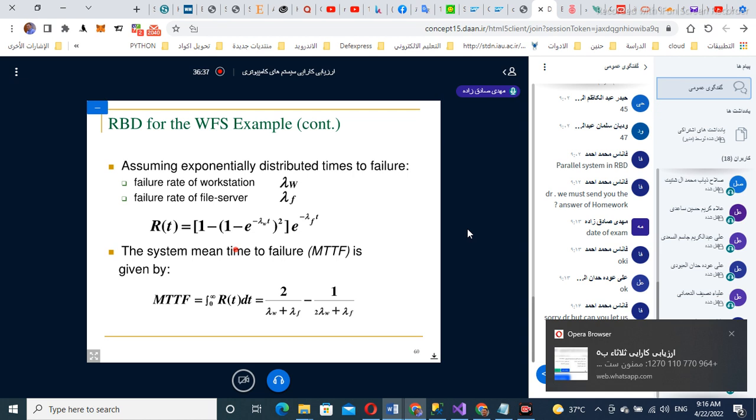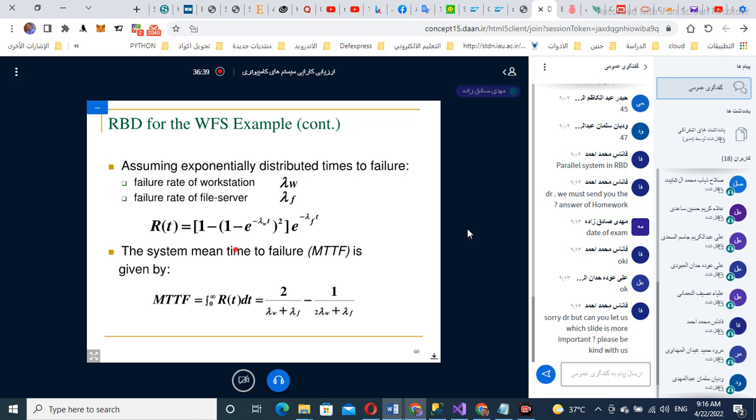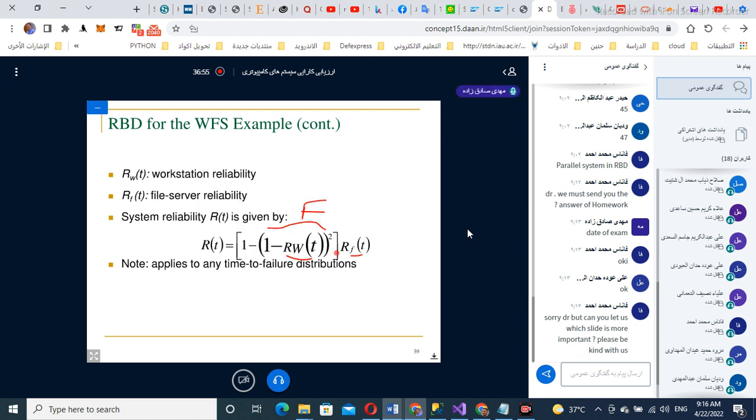That is the reliability of the workstations, multiplied by e to the minus lambda F t, which is the reliability of the file server.